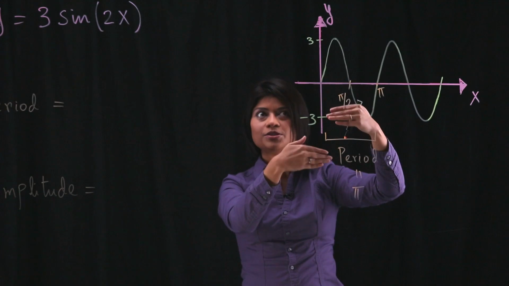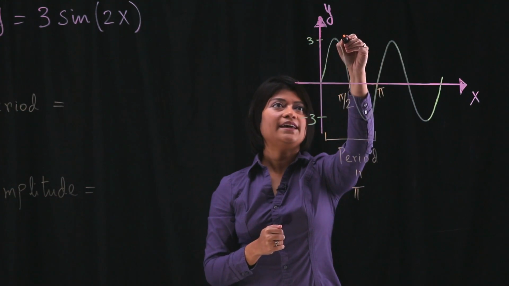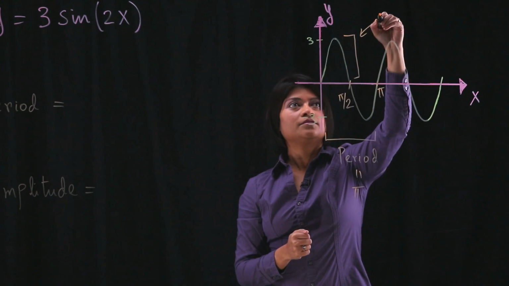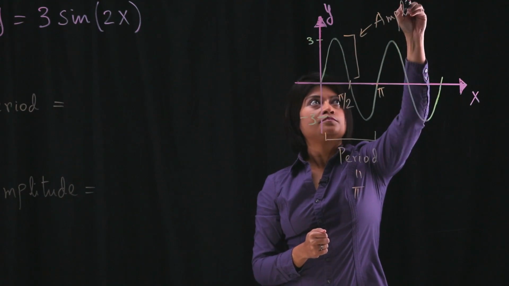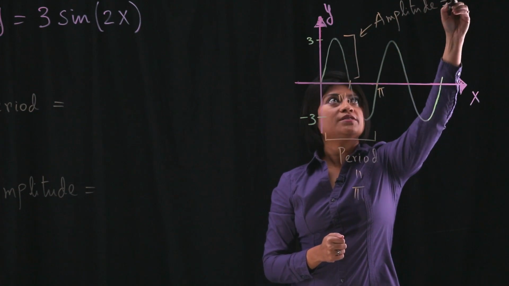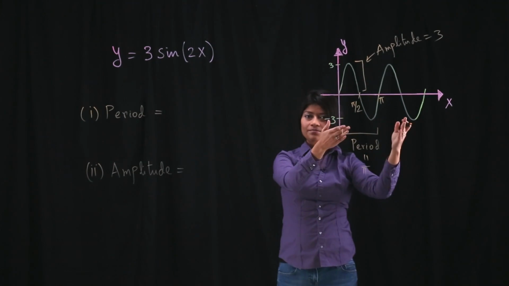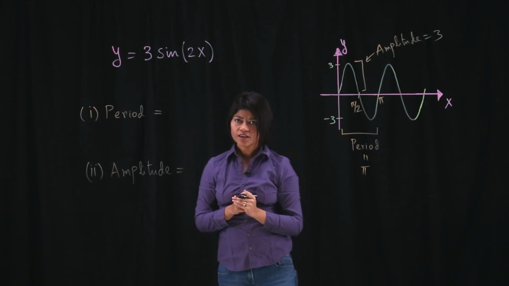You divide by 2, you get 3. So from the graph again, you can say amplitude is this distance. Amplitude is 3 right here. So given a graph, you can figure out period and amplitude, right? So you have the answer.